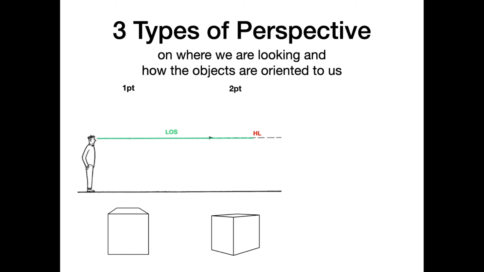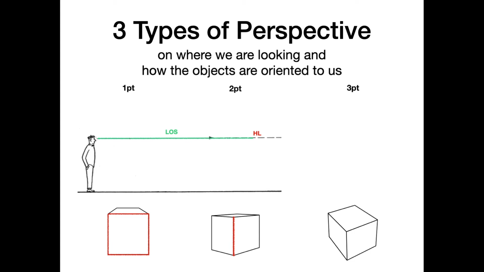If your cube is facing you, and the closest thing to you is that front face of the cube, then you will only see one set of receding lines, and then it is 1 point perspective. If you rotate that cube so that the closest thing to you is now that edge of the cube, and you can now see two sets of receding lines, it's 2 point perspective. That's the only difference. It just has to do with how the object is facing you.